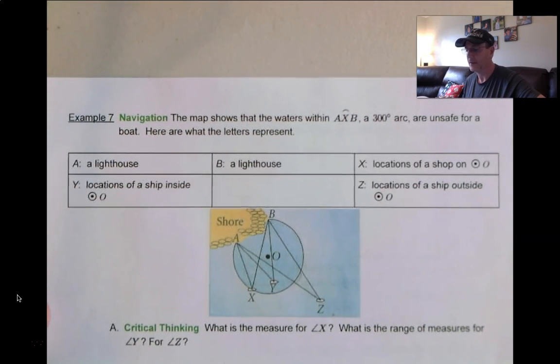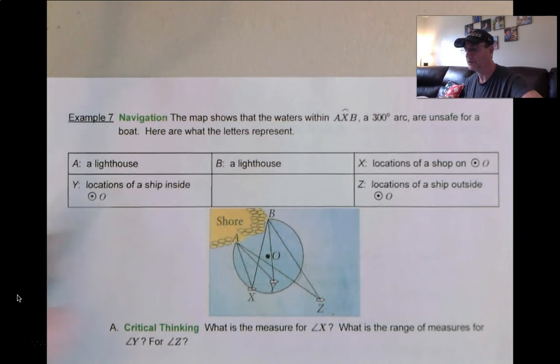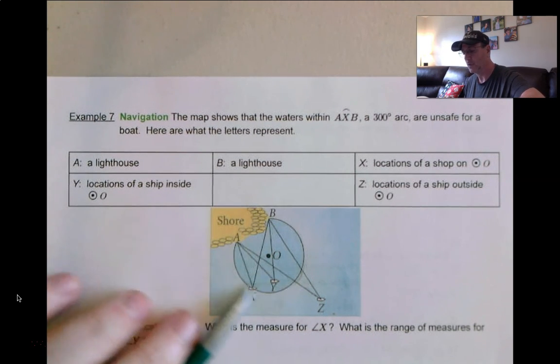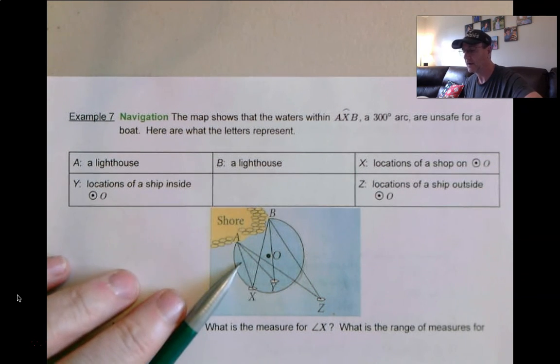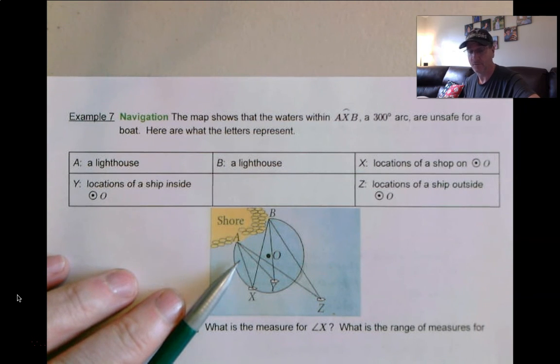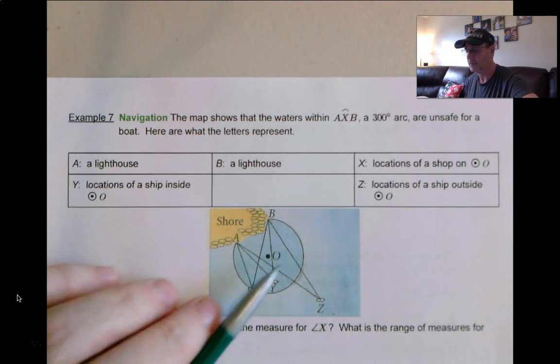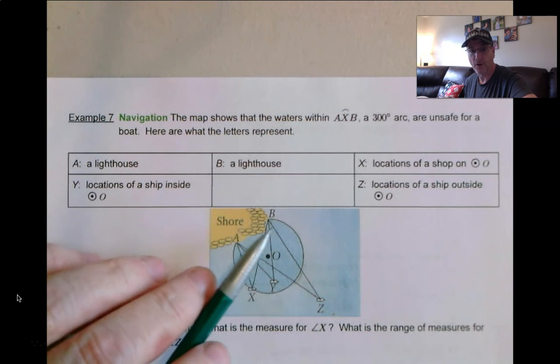Navigation. The map shows that the waters within arc AXB, so the waters inside of this arc, are unsafe for a boat. Shallow reefs. It's just unsafe for boating.